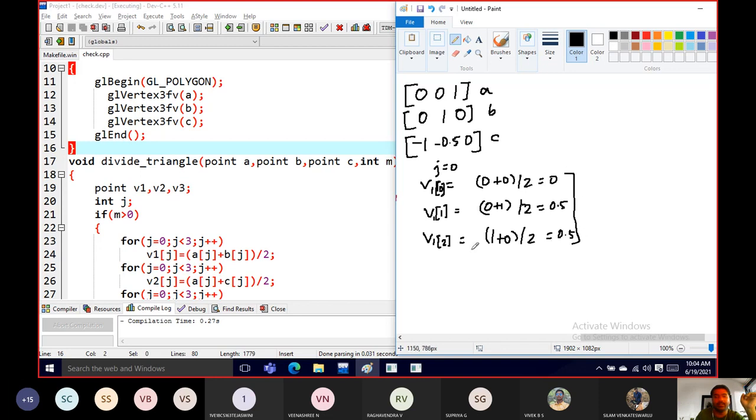So these are my V1 values. V1 array will be 0, 0.5 and 0.5. Any doubts here? I guess not. Next, we'll try to understand V2 of 0. What is V2 of 0, V2 of 1 and V2 of 2?